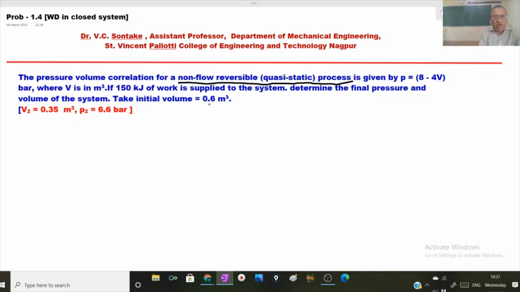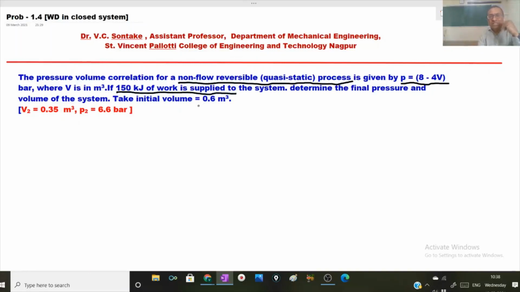Take initial volume as 0.6 meter cube. As you can see here, the given process is a non-flow reversible or quasi-static process. The relationship between the unknown or intermediate pressure P and volume V is given, and the pressure is given in bar. 150 kilojoule of work is supplied to the system.